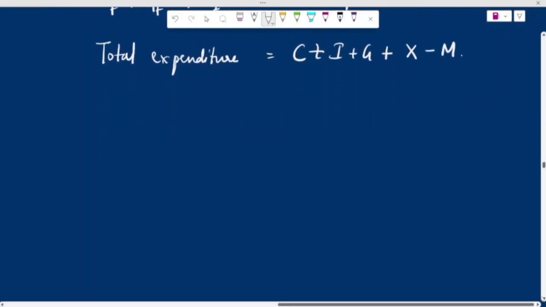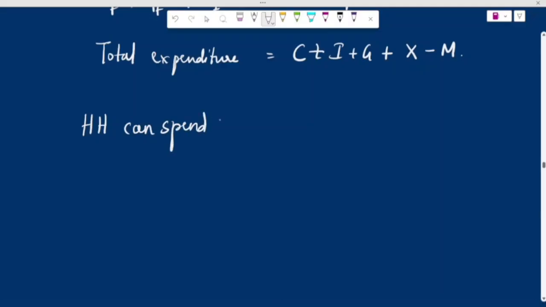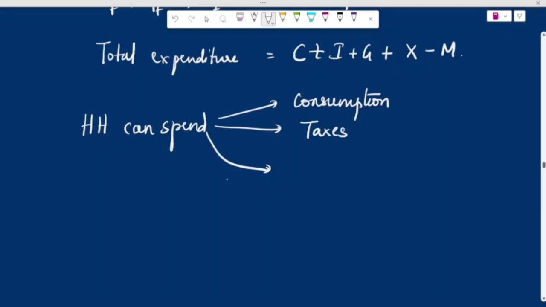Then households can spend on what? Consumption. That is nothing but C. Similarly, household should pay something called income taxes. Similarly, households will be having future plans called savings.